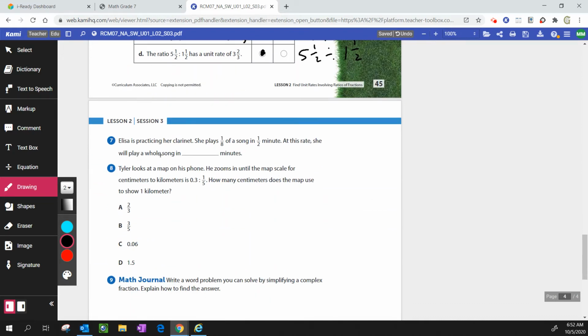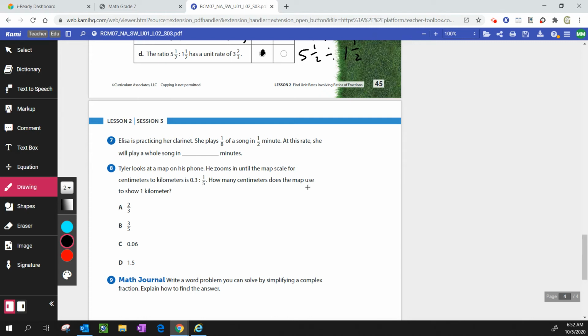Number 7 says that Elisa is practicing her clarinet. She plays an eighth of a song in half a minute. At this rate, she will play a whole song in how many minutes? So I want one whole song in how many minutes is that going to take?